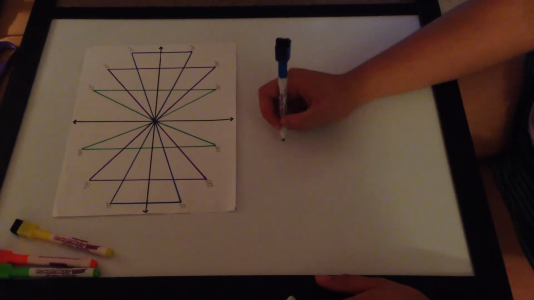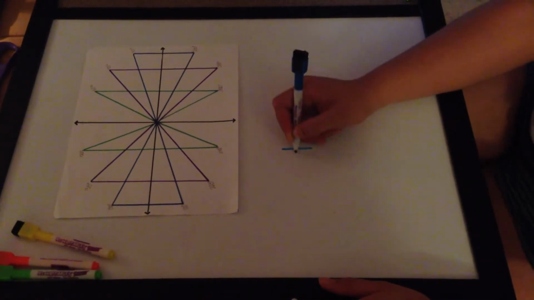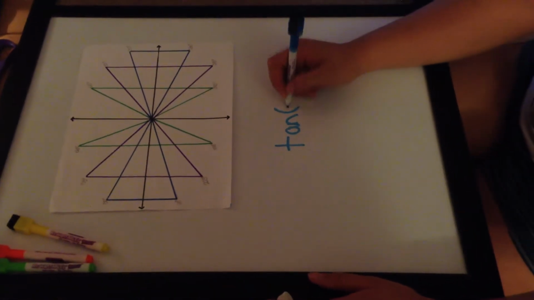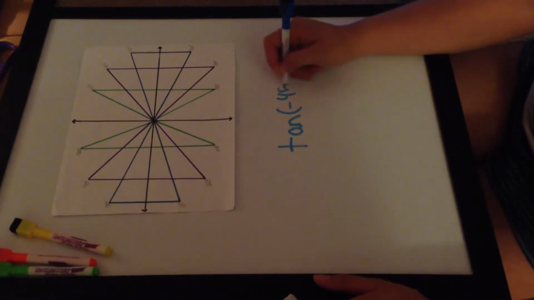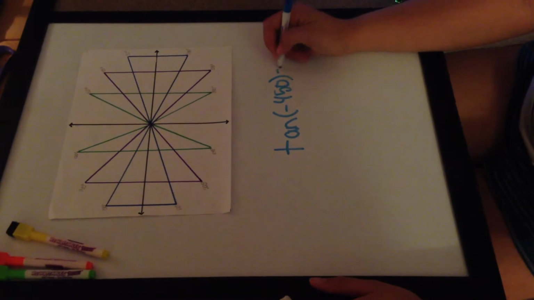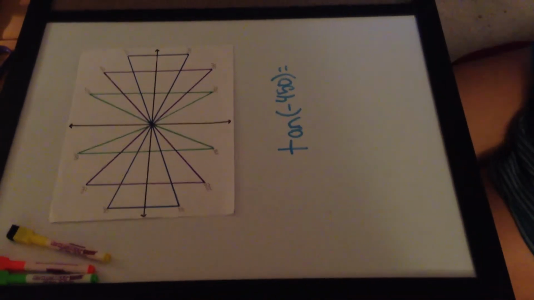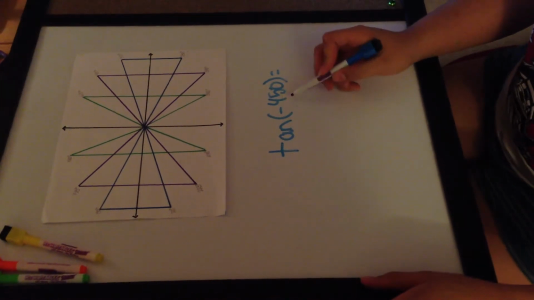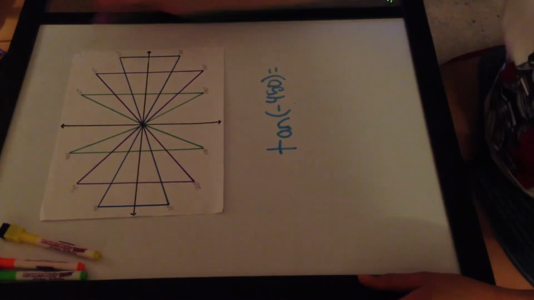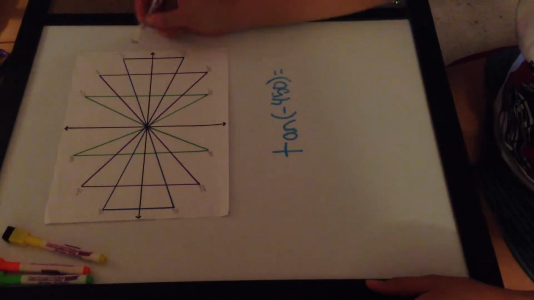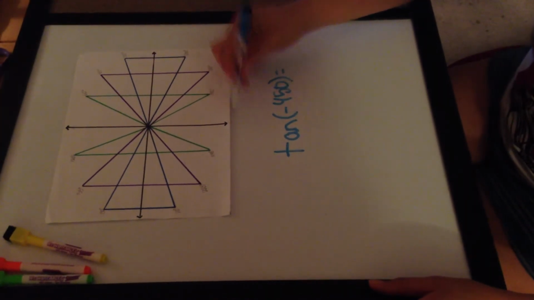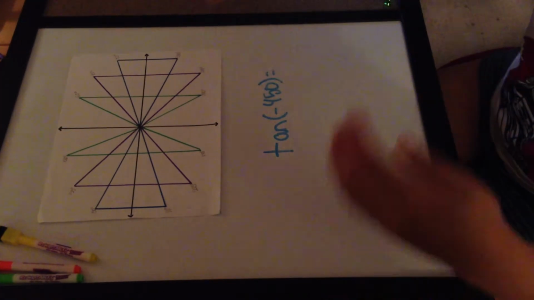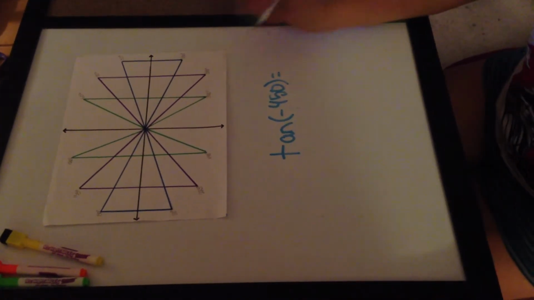Okay, the next one is a tangent of negative 450. So, if you had a positive 450, we would end up at 90. So what we're looking at is a negative 90 value, or negative 90 more than 360.